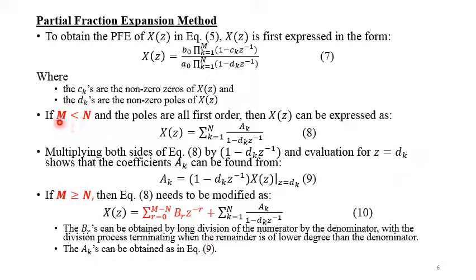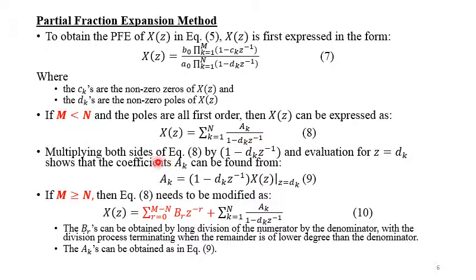Now if m is less than n, that means the denominator has higher degree than the numerator, and the poles are all first order. Then X of z can be expressed as the summation k running from 1 up to n of ak over 1 minus dk z inverse.